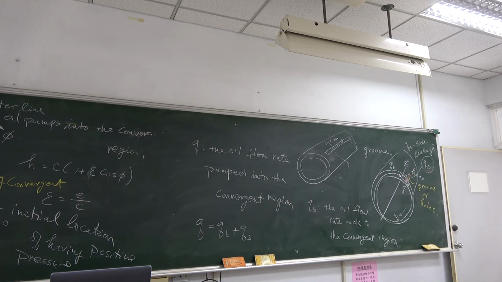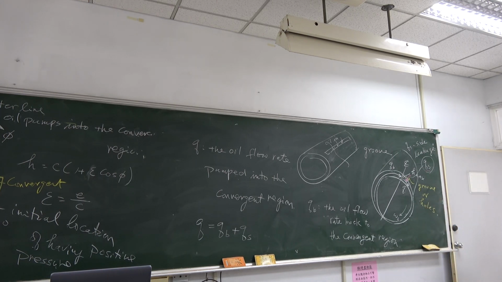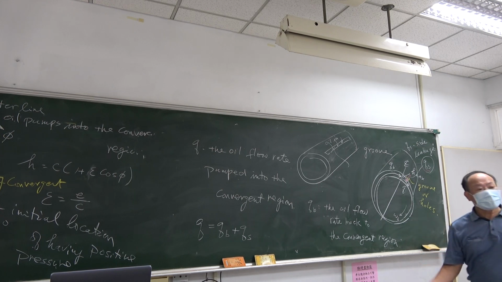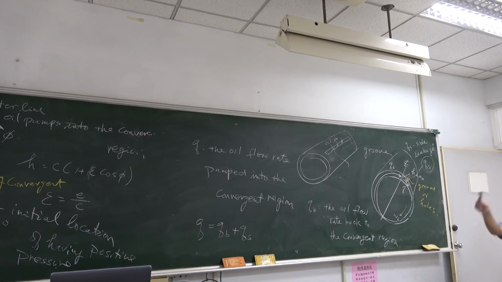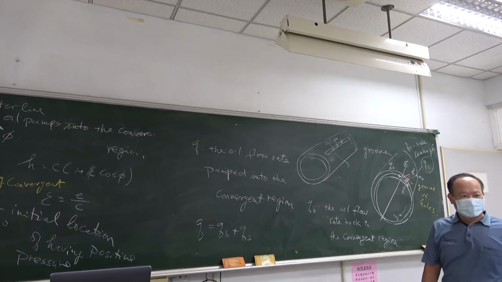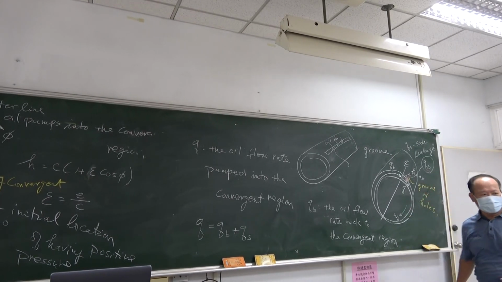So we have to determine the QS, and then we can determine the QB. The quantity you have to supply by the pump, you can determine. If this oil is provided too much, you have the oil whirl behavior, meaning that the rotation has instability.